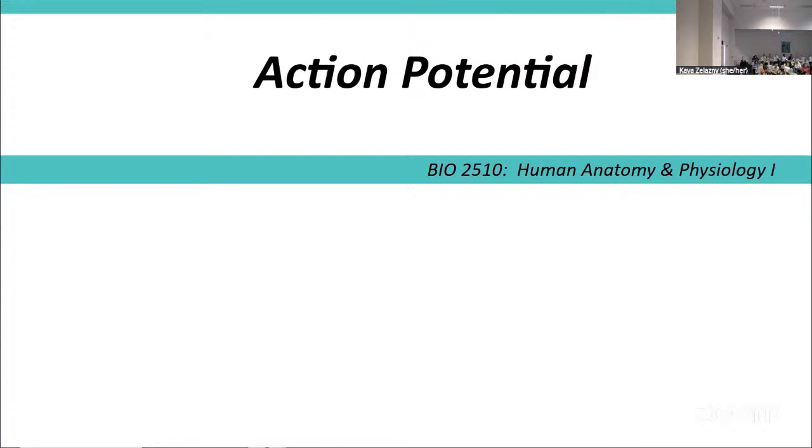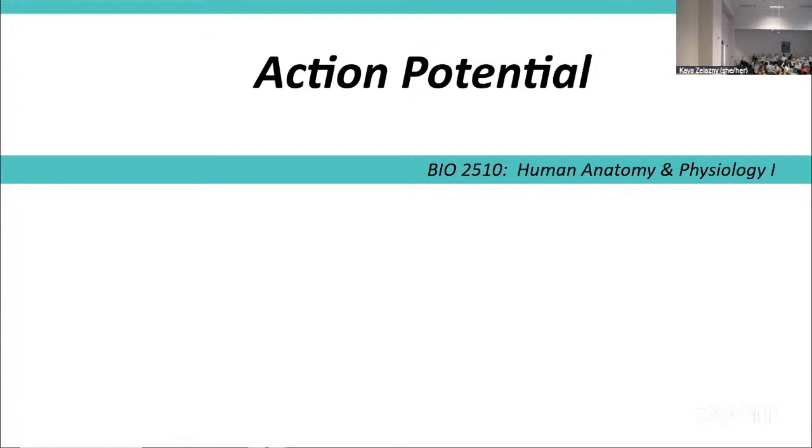So at this point, what we know about action potentials, we know that they're different from graded potentials. They're for long-range communication. We send a signal down an axon, and what the signal is made up of is really an electrical pulse. That electrical pulse is caused by a change to the membrane potential when we have a stimulus, right?